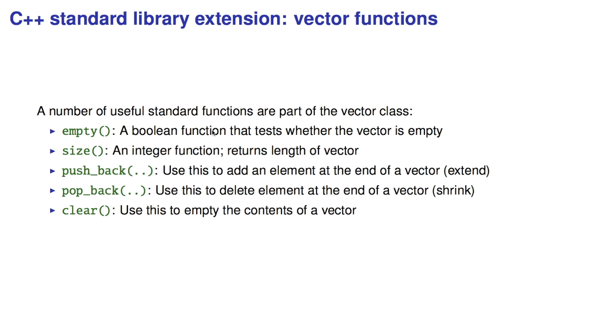If I do .size, I get the length of the vector. There's also .length, I think, which actually is the same as .size, to my big surprise. But the 2 most important features are push_back and pop_back. So push_back adds an element at the end of the vector, so it extends the vector. And pop_back deletes the last element of the vector and shrinks it.